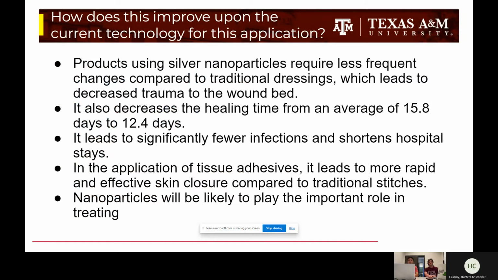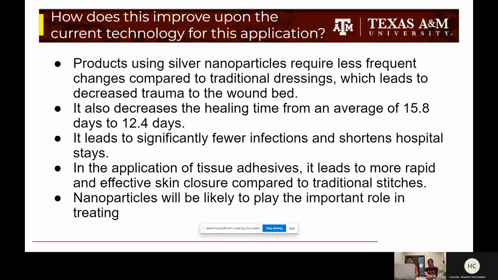So, in conclusion, how does this improve upon the current technology of this application? Well, there's an advantage and a disadvantage. The advantage is that products using silver nanoparticles require less frequent changes compared to traditional dressings, which leads to decreased trauma to the wound bed. It also decreases the healing time from an average of 15.8 days to 12.4 days.